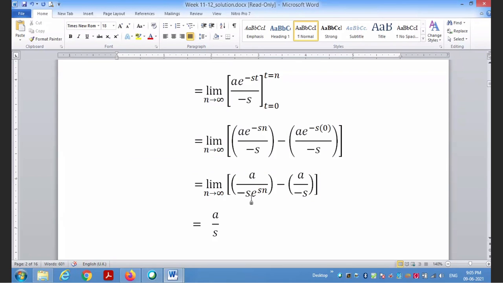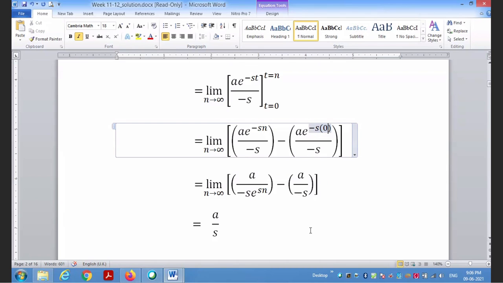And then this one, a e power of s times 0. So e power of 0 is equal to what? 1. That's why we have a over minus s. No need to bring this down, because we get 1 as well. So a over minus s.